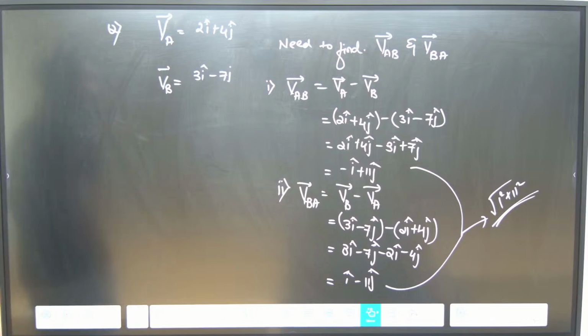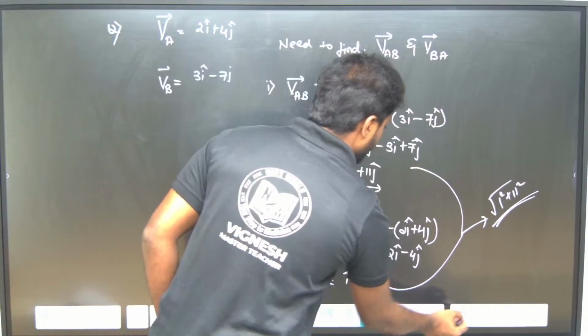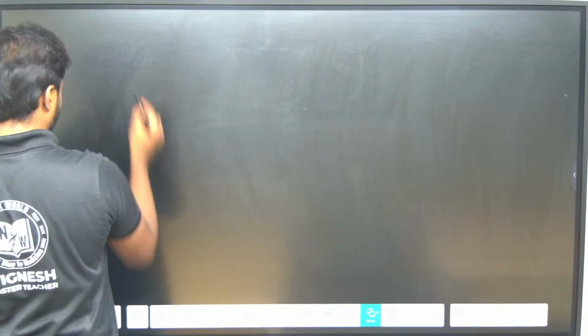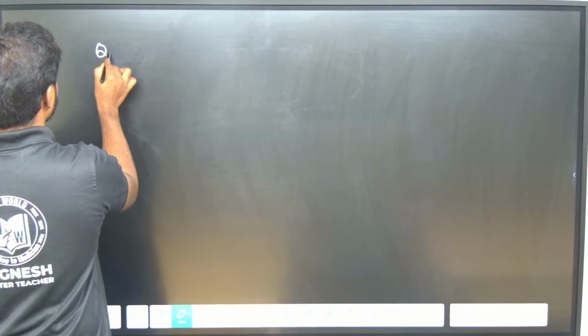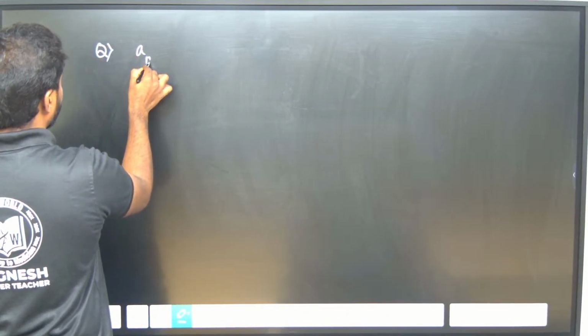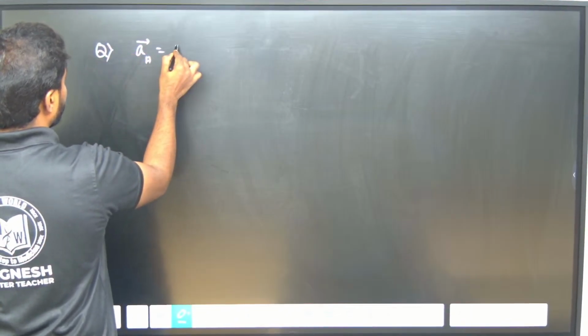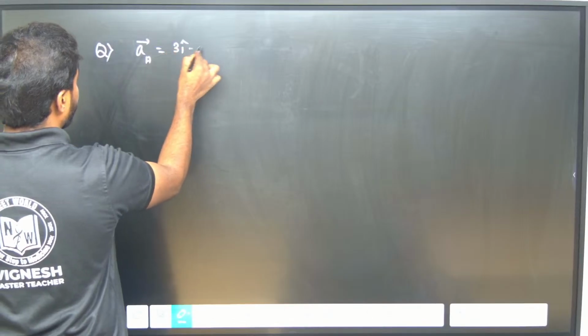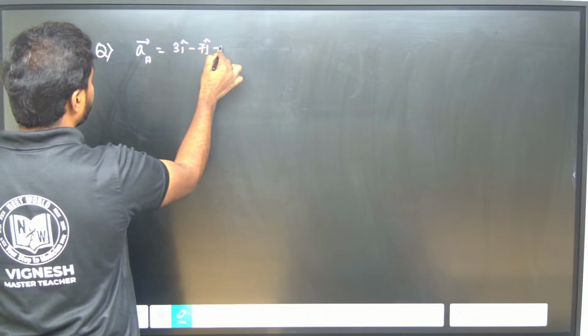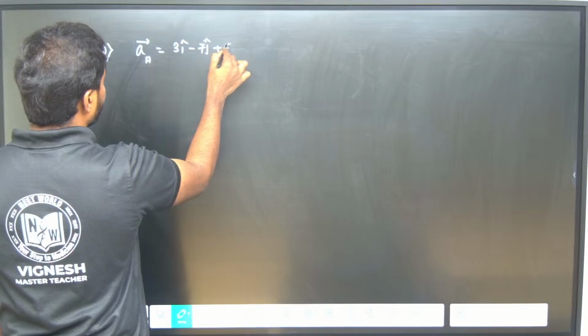Done. Good. So the next question. So acceleration of A is nothing but 3i cap minus 7j cap plus 5k cap.